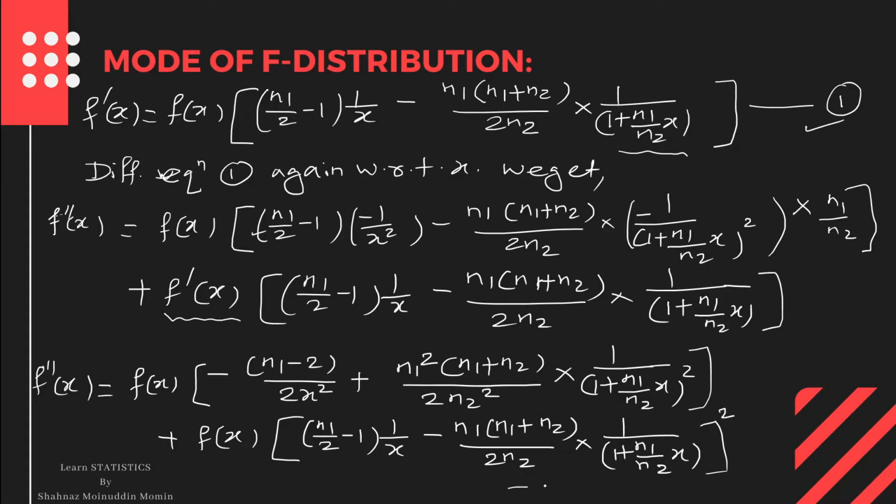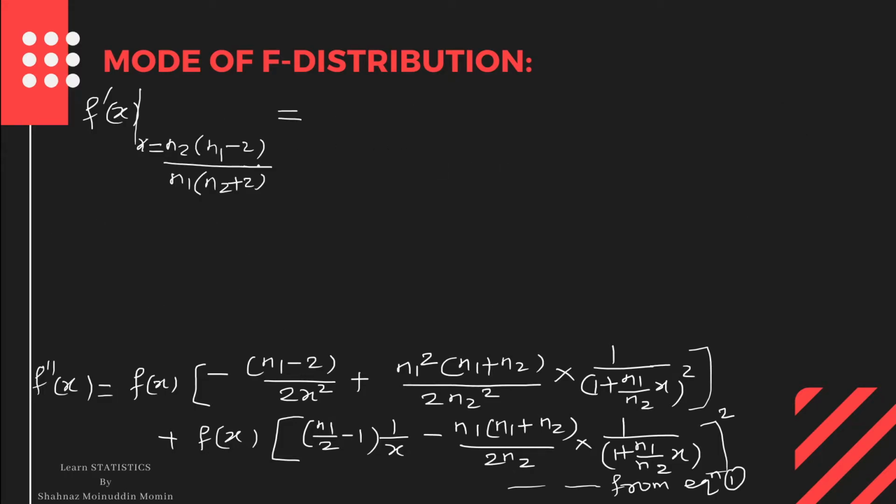This is from equation 1. I have substituted the value of f dash x from equation number 1. Now in the next step, I shall substitute the value of x which we have obtained by equating the first derivative of PDF equal to 0, and we will simplify.